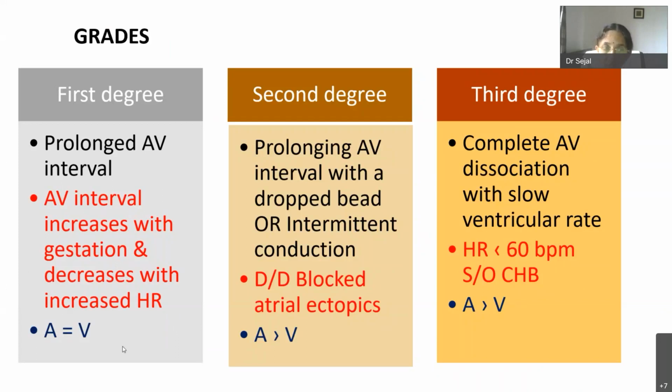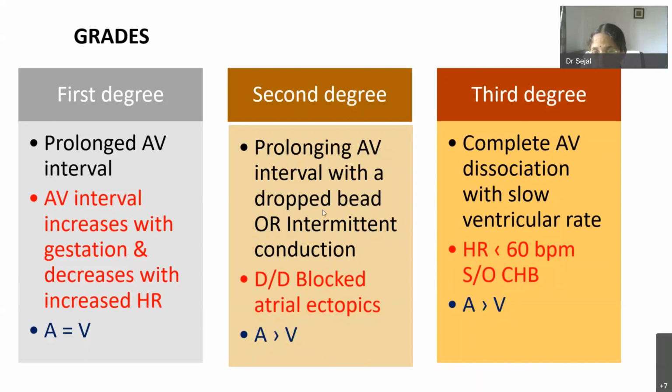In this situation, your atrial rate and ventricular rate are obviously going to be the same. If it's a second degree AV block, you have slow prolongation of the PR interval till a beat is dropped, or you have, for example, 2:1 conduction. As we understood, the most important differential is going to be blocked atrial ectopics in terms of atrial bigeminy, which is blocked.